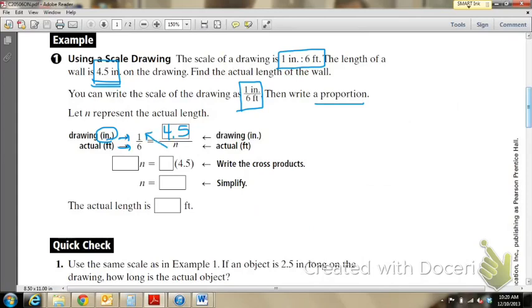So 1 times N is equal to 6 times 4.5. Well, 1 times N is just N. I multiply 4.5 times 6. I have one number after the decimal, so I come one place in. So that means I get 27. So the actual length is 27 feet. So pause the video and fill that in before moving on to the quick check.